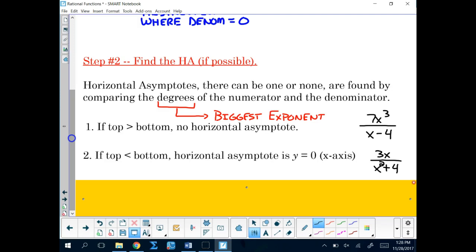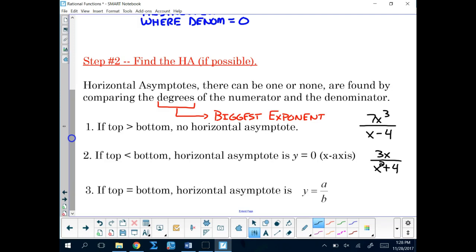Gotta make the bottom bigger. y equals 0. Because it's a line. 0 is just a number.